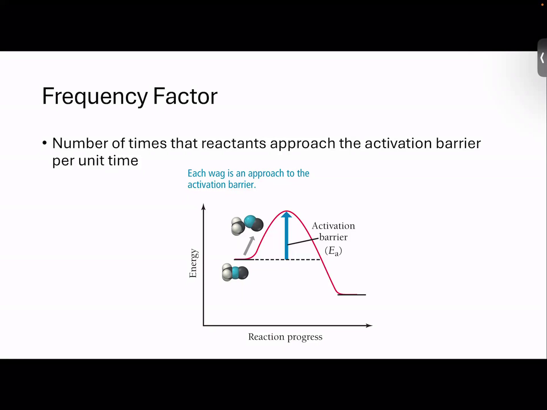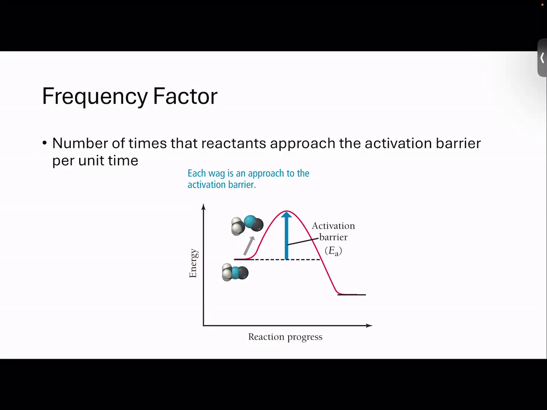Meaning, how many molecules start to climb this hill? The more molecules that start to climb this hill, the more likely we are to actually get a molecule to go over the hill. So the larger the frequency factor, typically, the more likely the reaction, the better our chances of getting this reaction to occur.